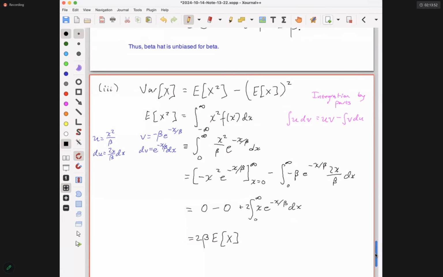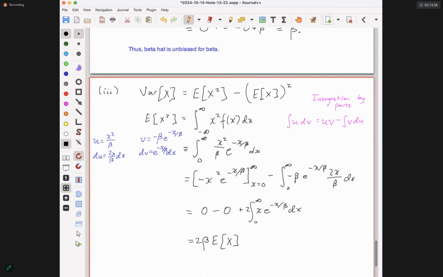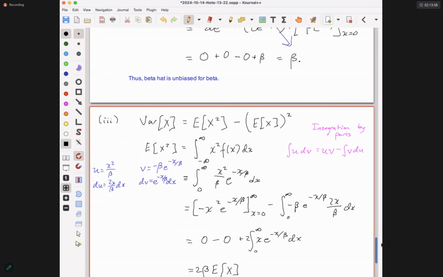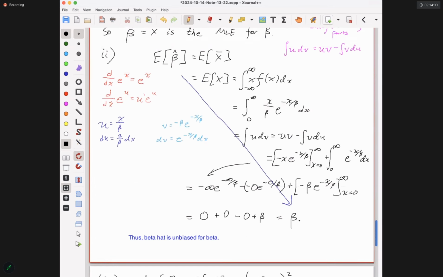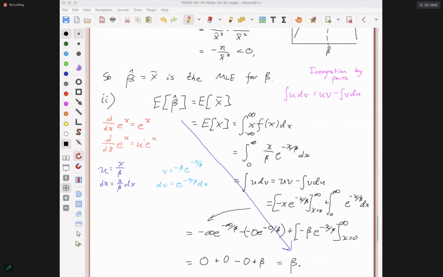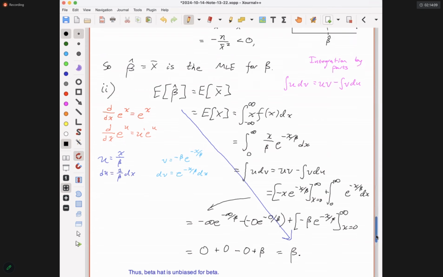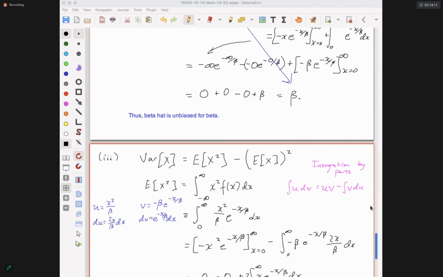Where's the 2 coming from? I don't feel like there should be a 2 in there. I know it's coming from the derivative of the x squared over beta.